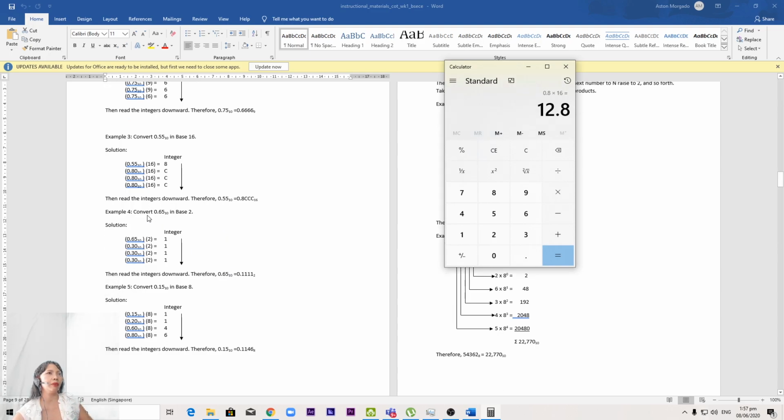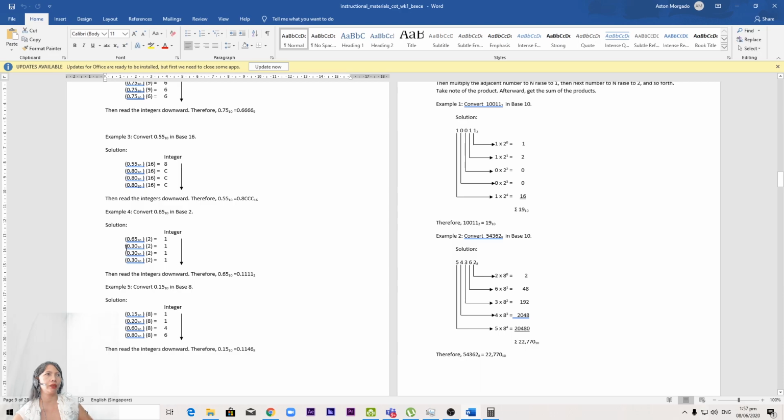Then example number 4, convert 0.65 base 10 to base 2. So we will multiply 0.65 by 2. So we'll have 1.3. You write 1 as the integer here, then continue with 0.3.